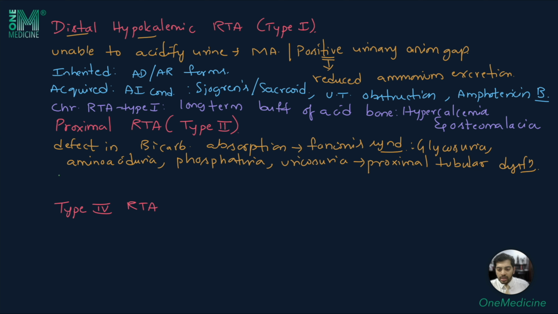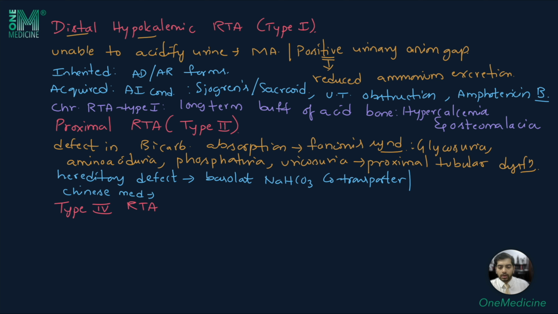Isolated proximal RTA can be caused by hereditary defect in basolateral sodium bicarbonate co-transporter. Fanconi syndrome can be inherited or acquired due to Chinese medicine, causing chronic interstitial nephritis, myeloma, or even drugs like ifosfamide or tenofovir.